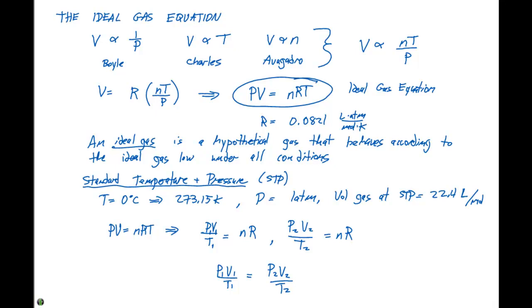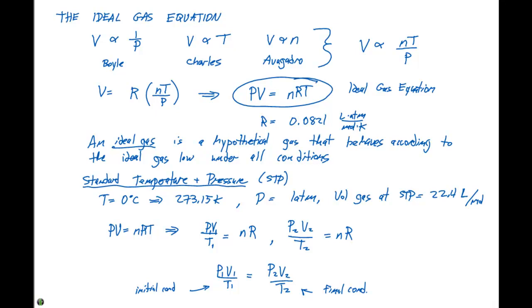And this typically allows us to start a reaction and use the initial conditions, and then we can look at the final conditions. And if we know the certain parameters we started with and we measure a couple of the ones that we ended up with, then we can solve for the other variable. This is known as the combined gas law.